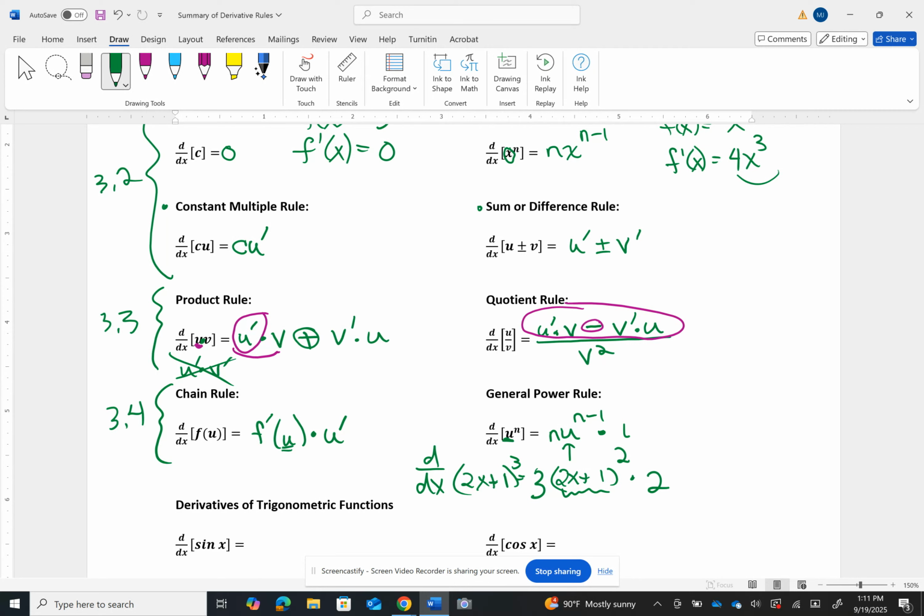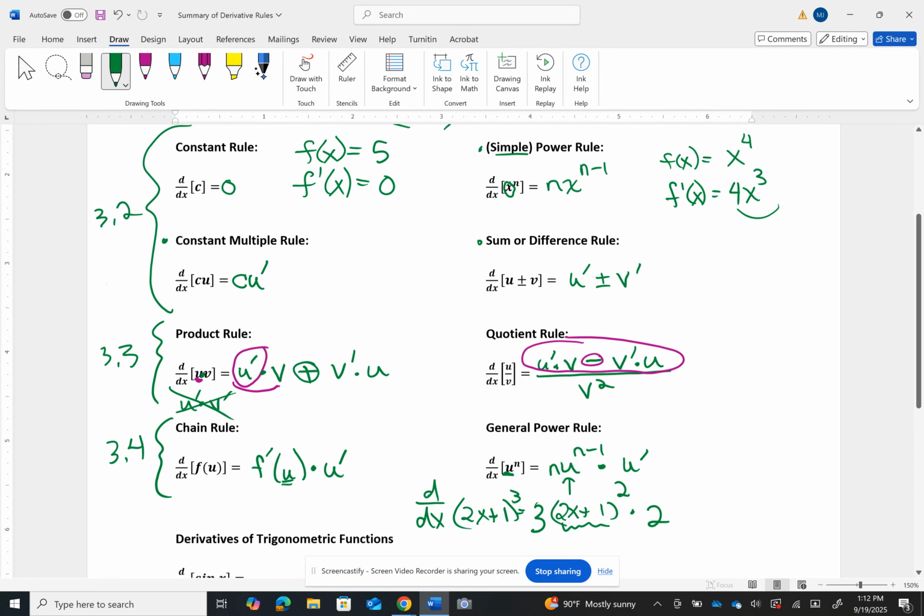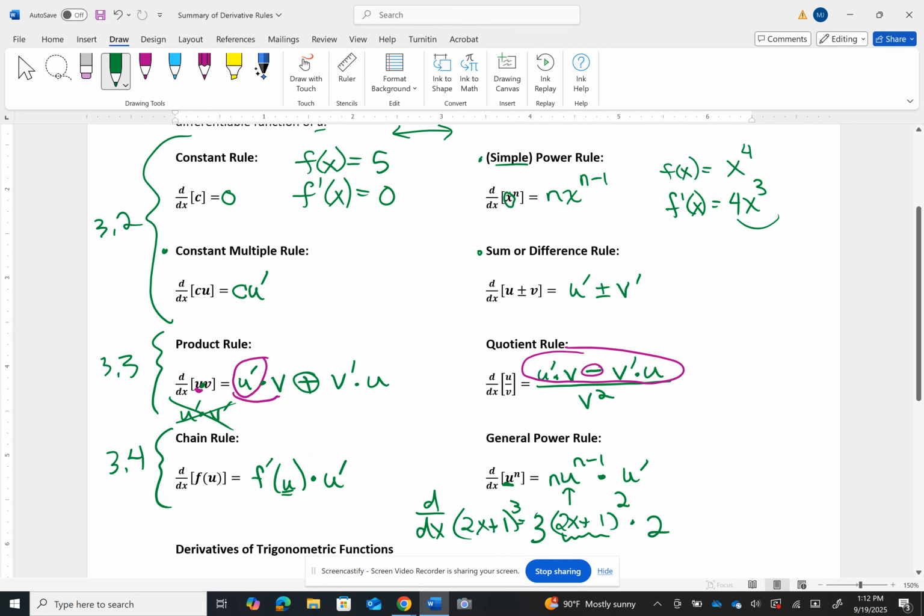So you're going to have to multiply that by the derivative of u with respect to x. Okay? So the chain rule and the general power rule, they're going to come up in 3.4, but with the general power rule and the simple power rule, you really don't need the simple one. The general power one would be good enough, because if I were thinking about needing to do the derivative of the inside function right here, it would turn out to be 1, and that's why they didn't need to talk about it, okay, at that point in time.